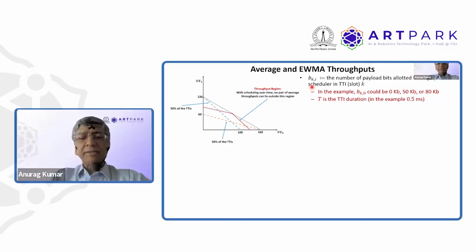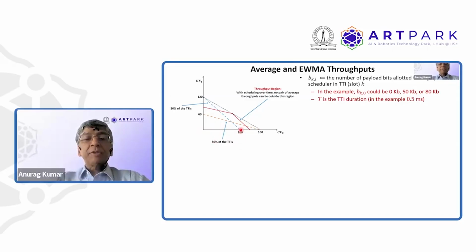So BKI is just saying that in the 100th slot, I gave user 0 so many bits, and every slot I'm giving some bits. For example, BK0 could be 0 kilobits, 50 kilobits, 80 kilobits. If you did not serve the user in a particular slot, you've given it 0.